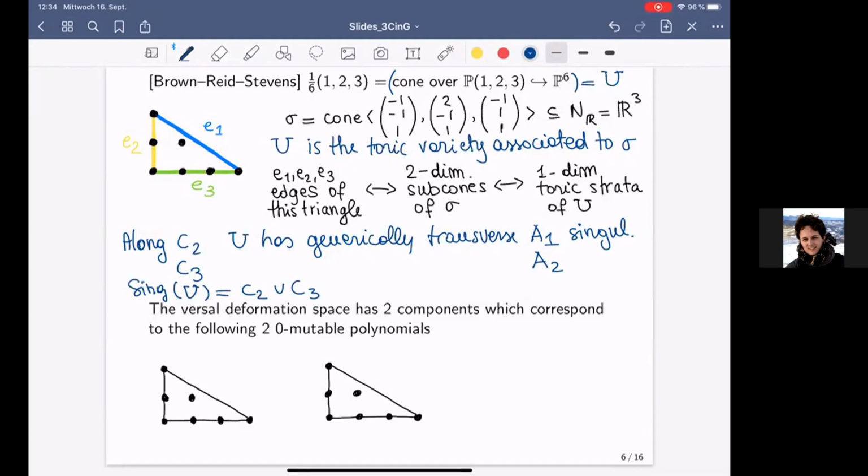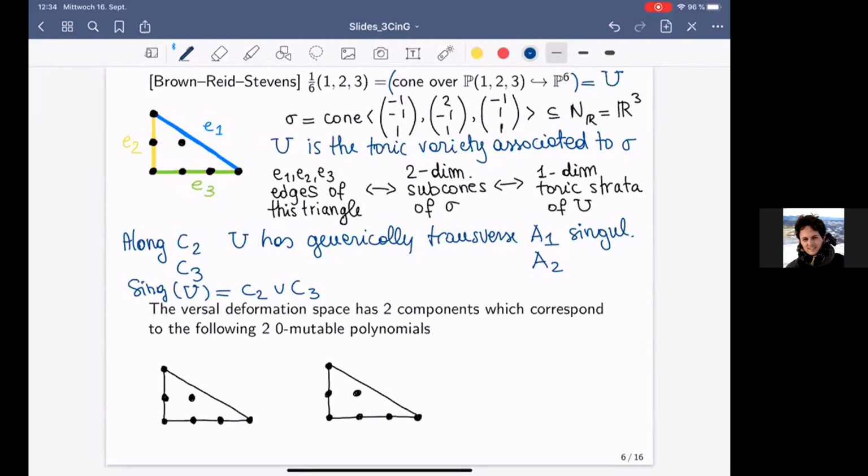And then it was observed by Stevens that this singularity has a versal deformation with two irreducible components. And these two irreducible components, in this conjectural picture that we made together with Alessio Corti and Matej Filip, correspond to the following two Laurent polynomials, which are 0-mutable.